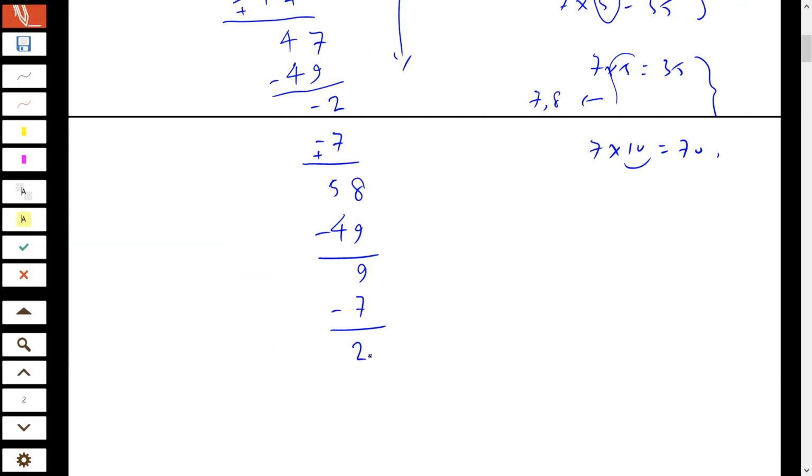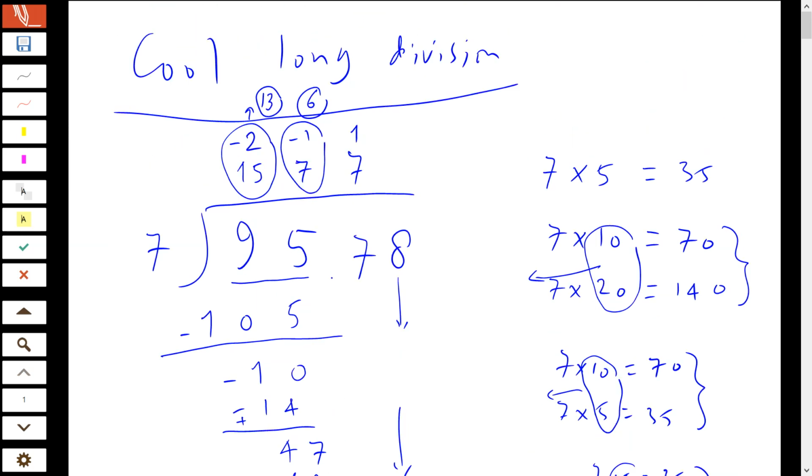Subtract, 2. That is correct. 2 is now less than 7. Now I combine these two, 7 and 1. I add them. 7 plus 1 is 8. So my answer is now 1368. I know it's messy, but I hope you get the point.